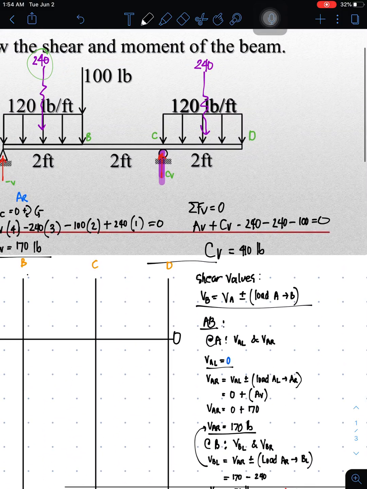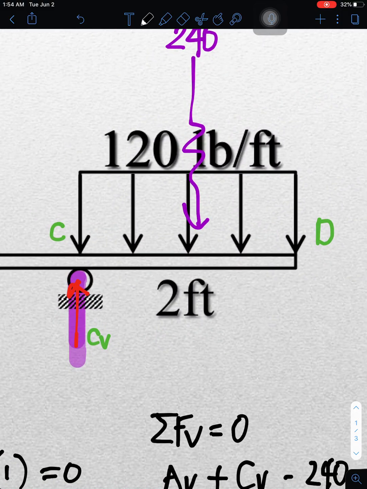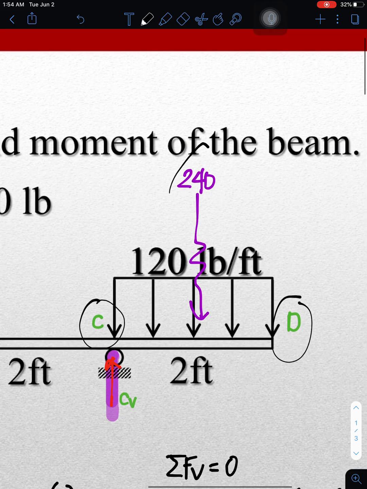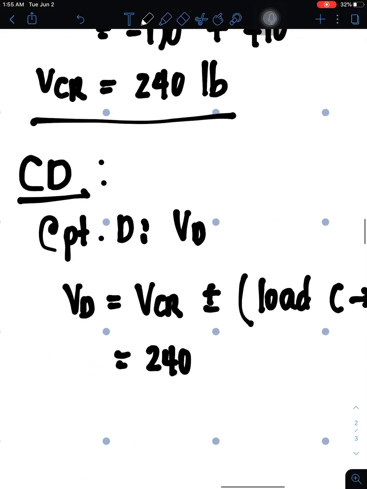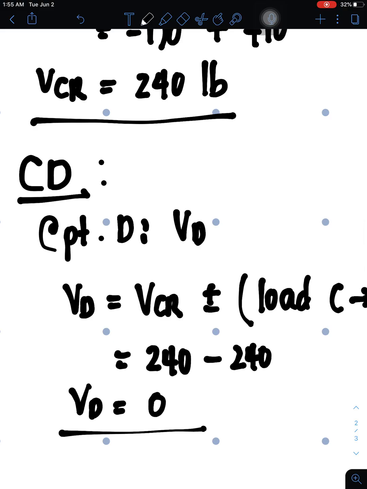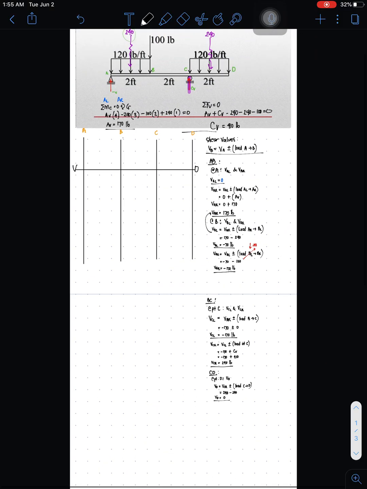The load between C to D is 240 and it is downward, so it's minus 240. So VD now is 0. So that's how we solve the shear values whenever we use the relation of shear and moment.